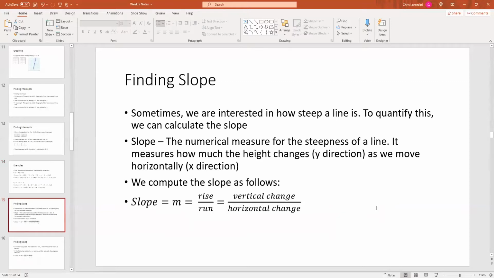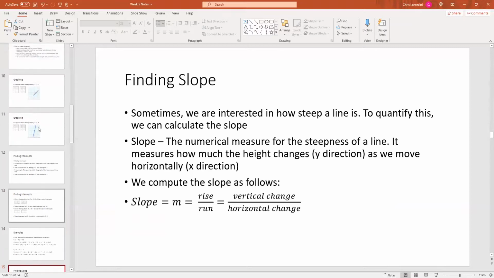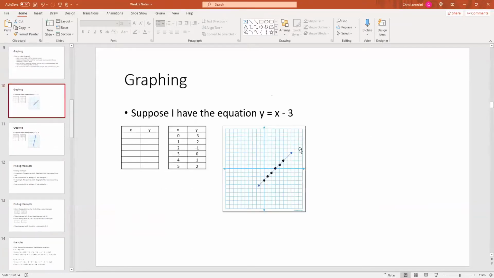So sometimes we are interested in how steep a line is. Let's go back and take a look at these 2 lines we did earlier. We have a line that looks like this, kind of looks maybe a little steep. Oh goodness, but not nearly as steep as this one, right? So we might say that this line is steeper than this line.